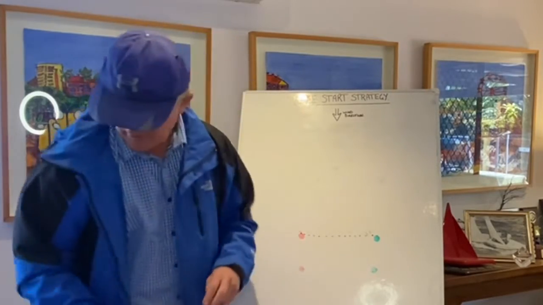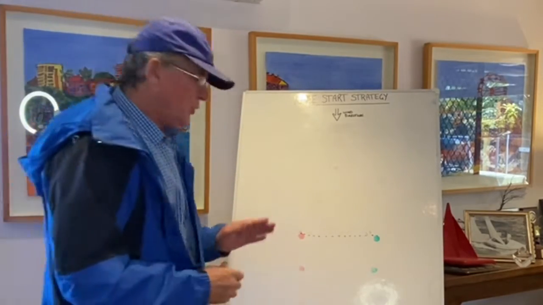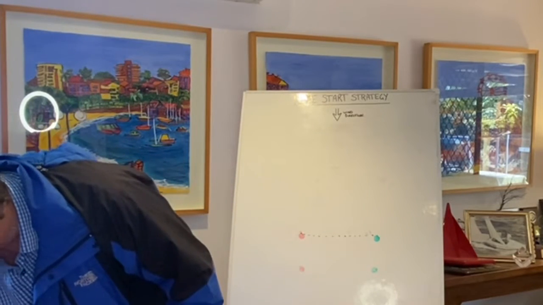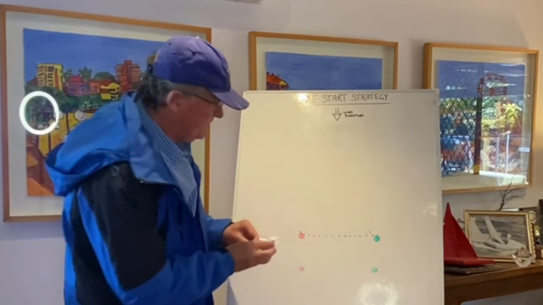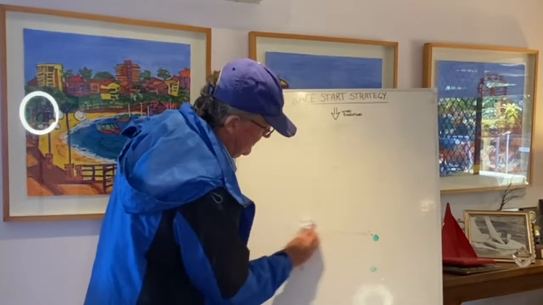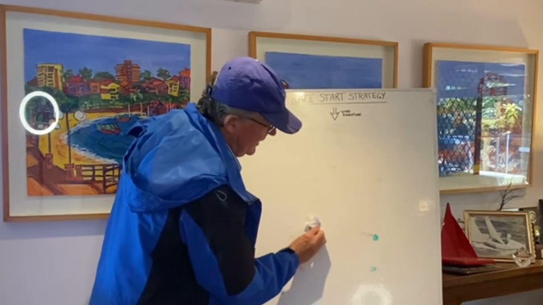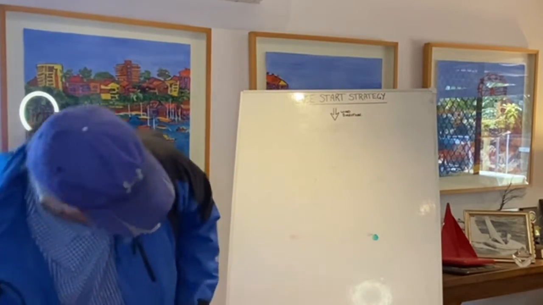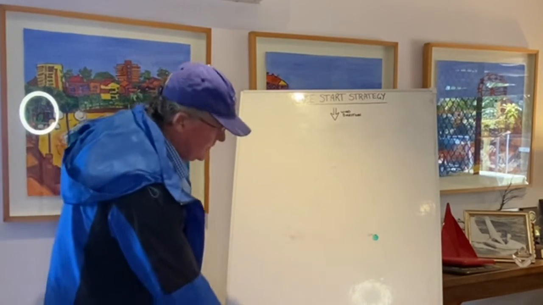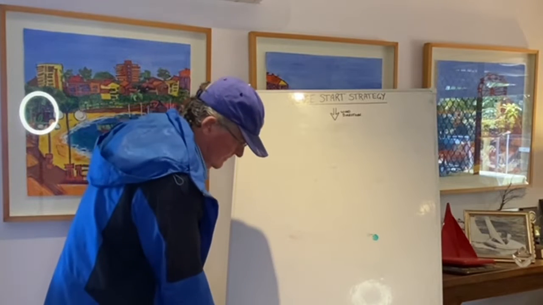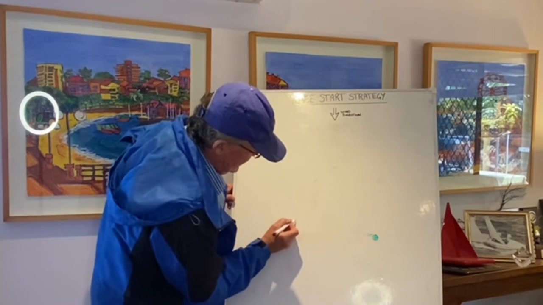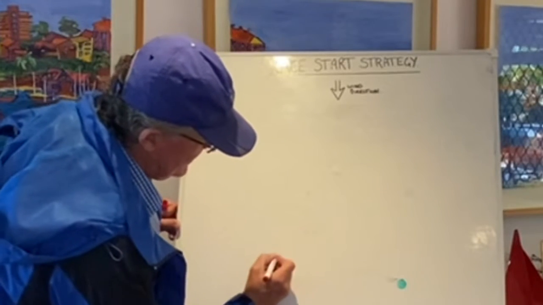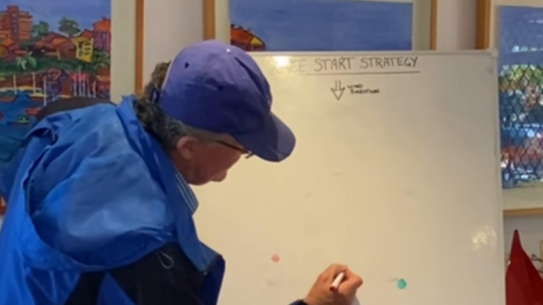They do that so that you don't have a lot of port boats going across. So what we have here is a situation where the red buoy has an advantage up here. So here's your start line across here.